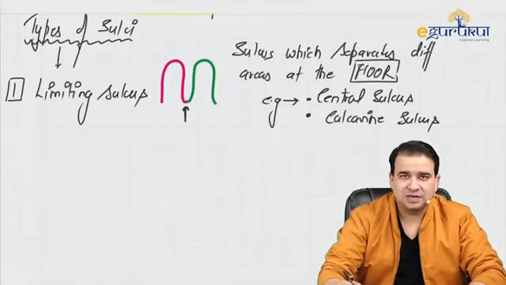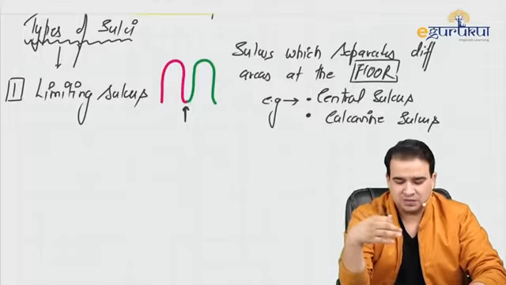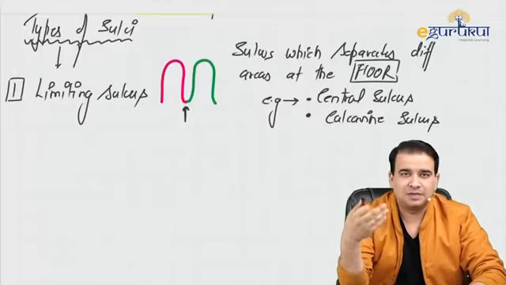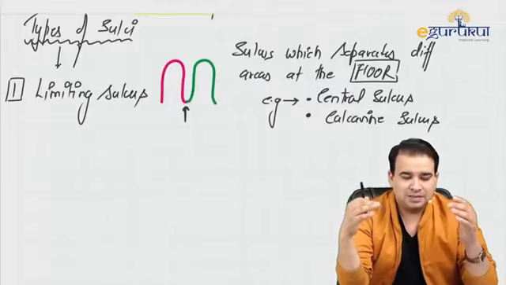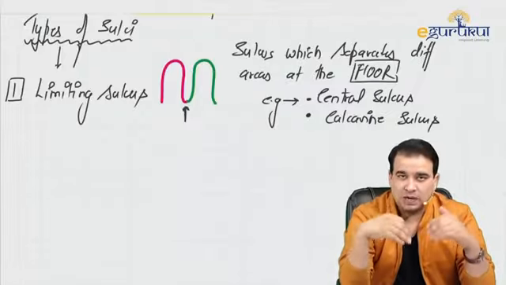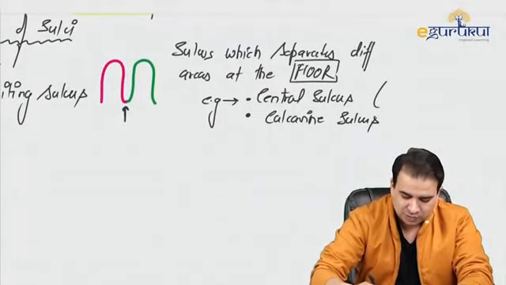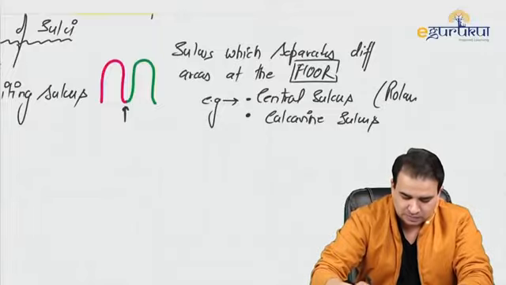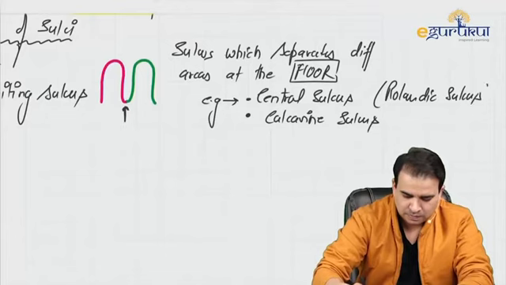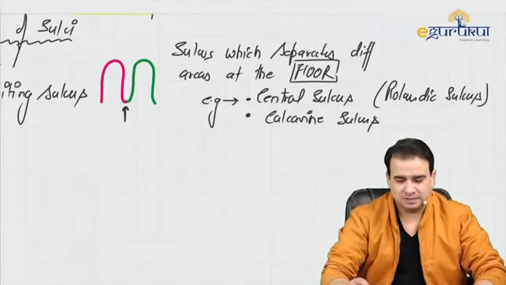So the central sulcus, as we all know, separates the sensory and the motor cortex, and this separation is very much at the depth of the sulcus. Please also remember that the central sulcus is also called the Rolandic sulcus.